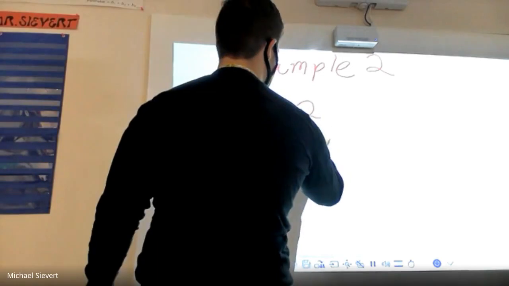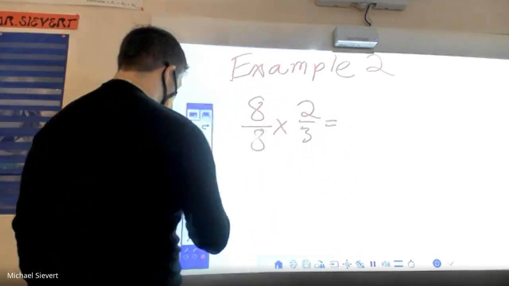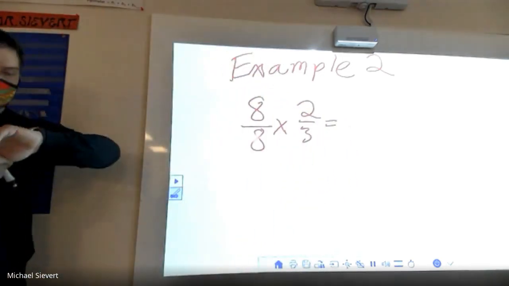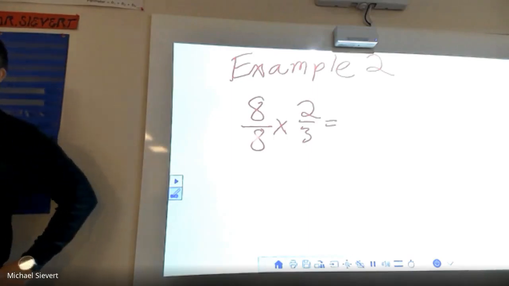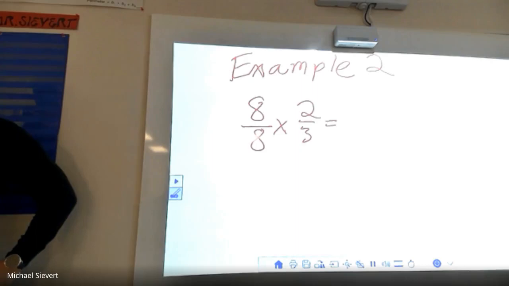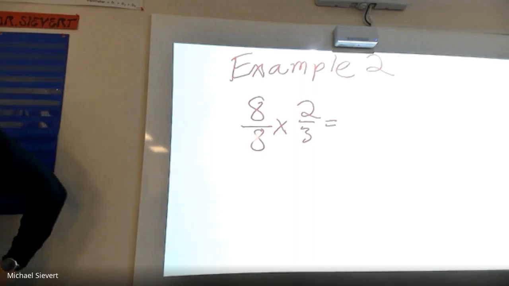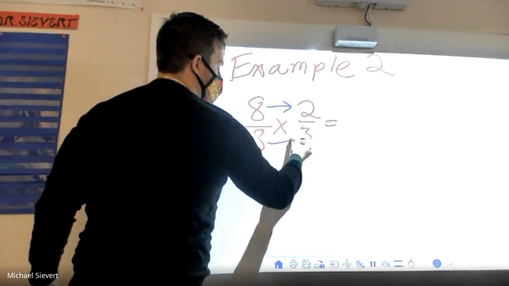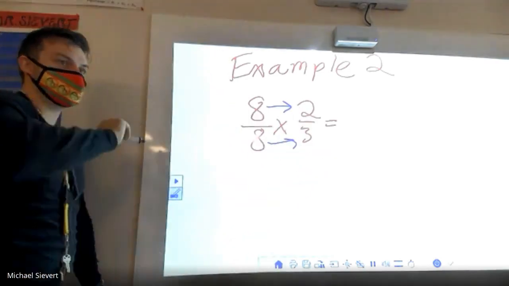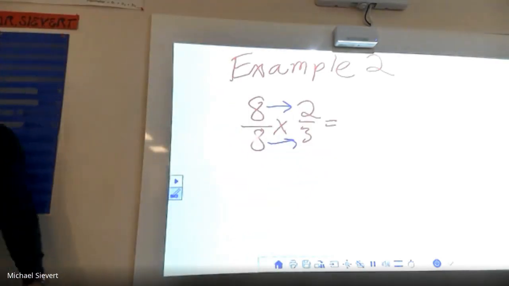All right. Again, who can tell us? Maya, where do you multiply it? Right, you're gonna multiply the top by the top and the bottom by the bottom. You're not going crossway, you're just going straight across and multiplying that way.